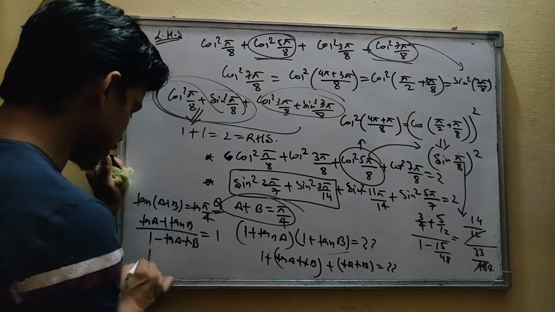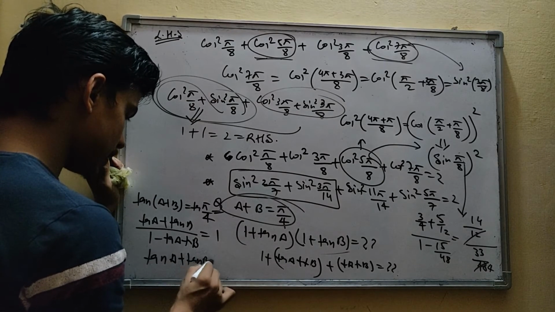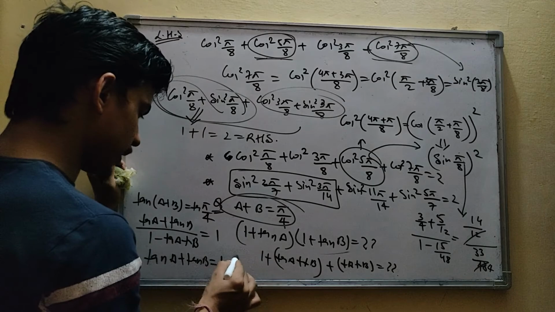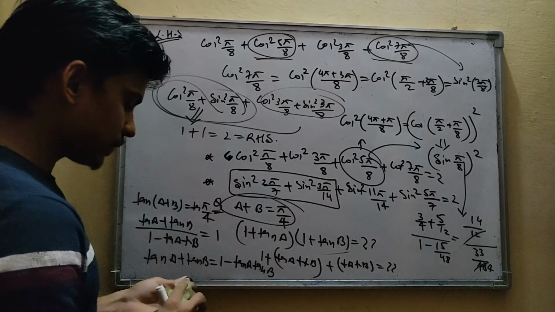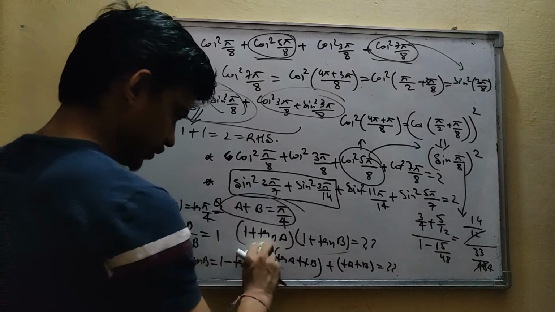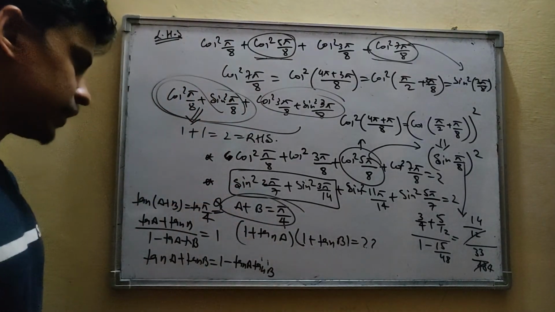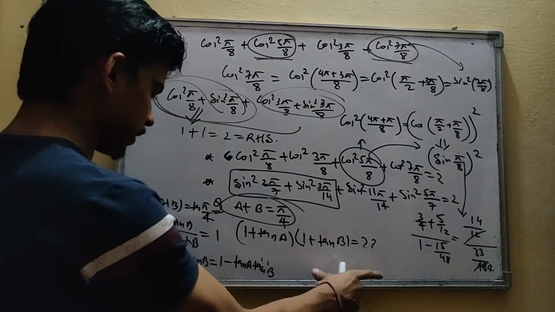Just do cross multiplication. tan a plus tan b is equal to 1 minus tan a tan b, right? I'm just removing it for visibility purposes. So this is what we get, and if you take it over here, like this part you should note it.